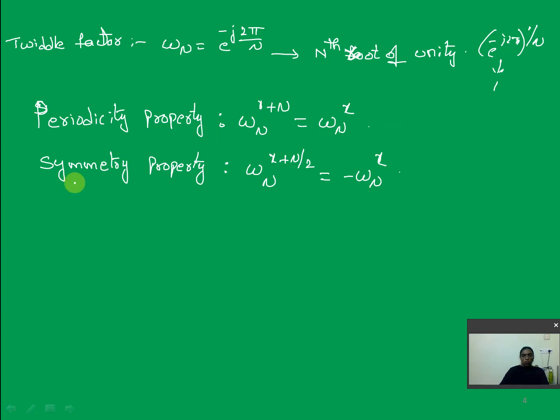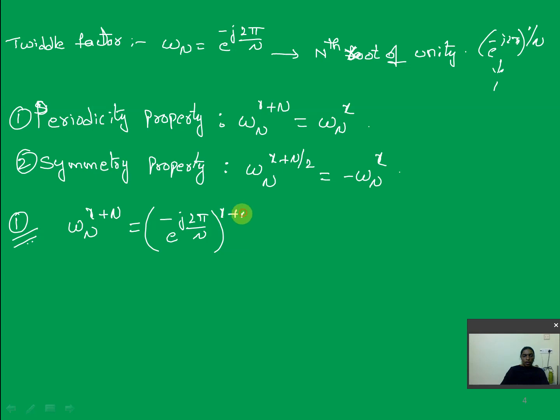Now to prove the first one, consider W N power x plus N. Substitute the W N value, e power minus j 2 pi by N whole power x plus N, then e power minus j 2 pi by N x plus minus j 2 pi by N times N. Now this is equal to e power minus j 2 pi by N x into e power minus j 2 pi.